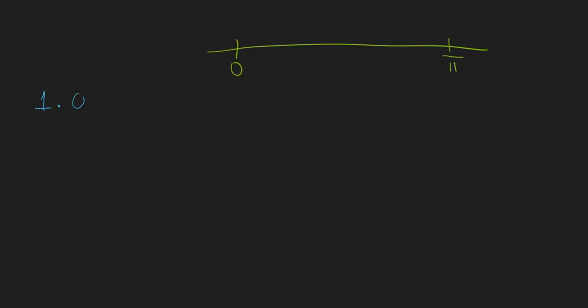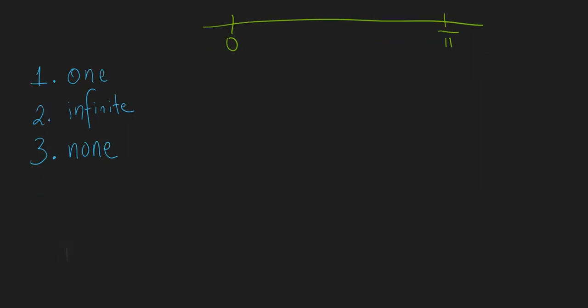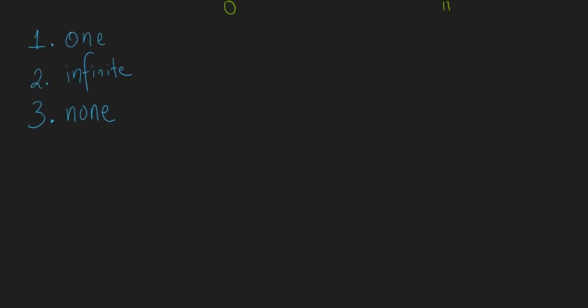The first is one solution. The second is infinite solutions, and the third is no solutions. Let's look at an example that will help us understand this.